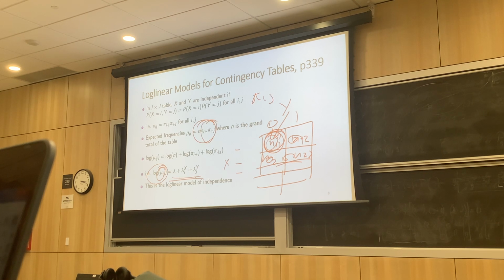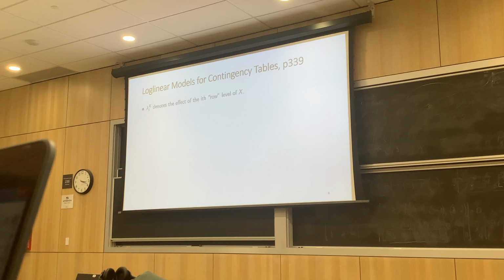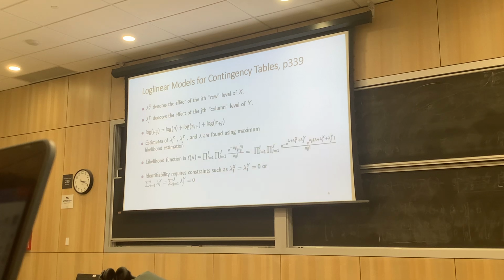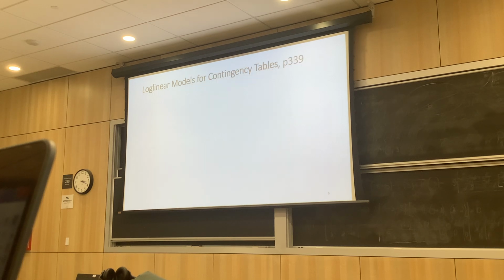If they are independent, that can be written as pi i plus times pi plus j, and as it gets bigger they're not just two-dimensional; when it gets higher there are various options. So the idea there is to predict the expected count using these categories. When you know which category a cell is in, we want to be able to predict what the count might be.